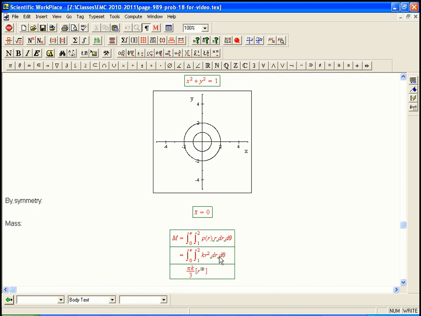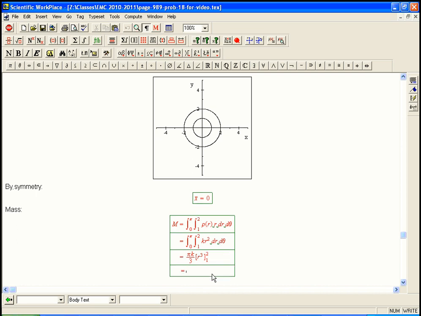And so we're going to get r cubed from 1 to 2. Let's put an equals here. And so that's going to be pi k over 3, and then times 7. Okay, so 7 pi k over 3. That's the mass. We're not done with the whole calculation yet by any means.